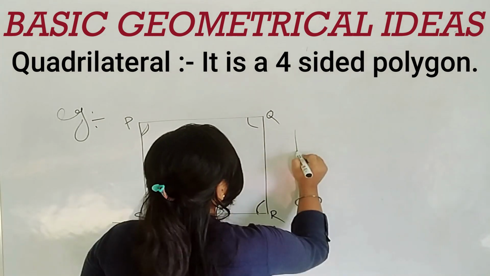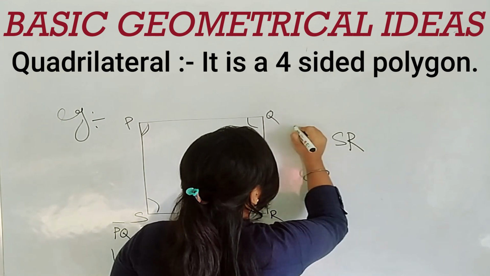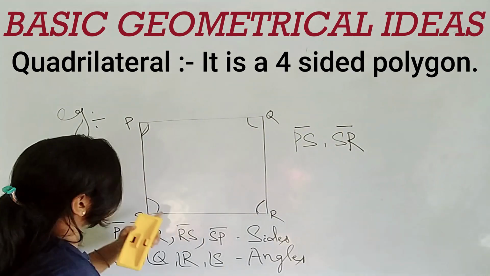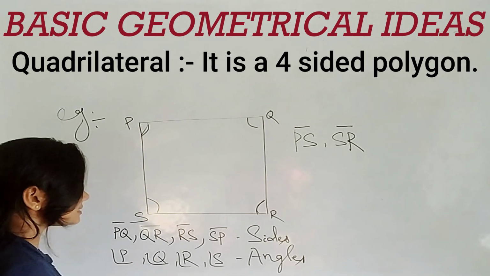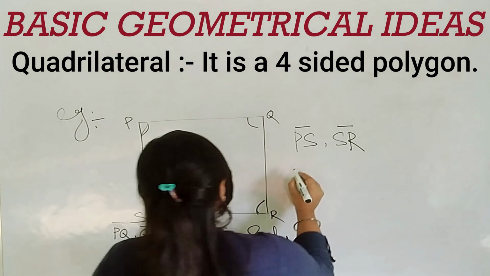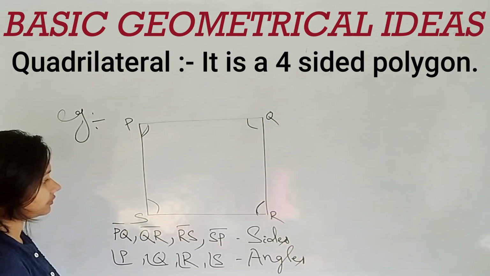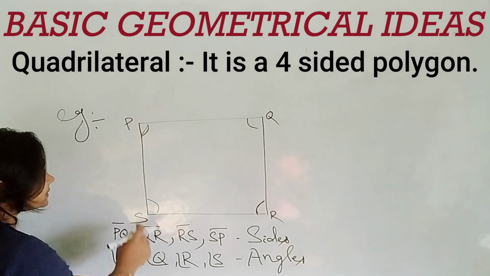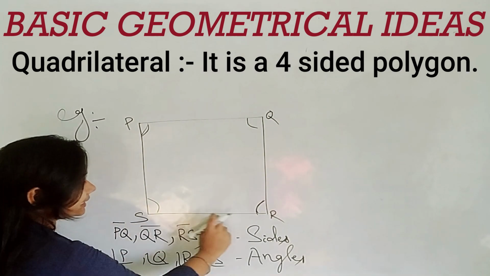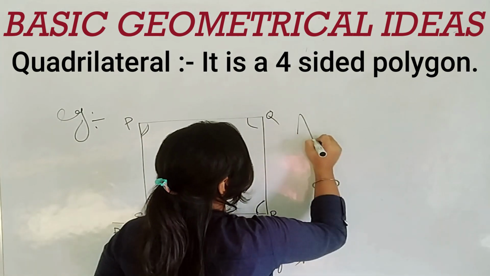Here PS and SR are two adjacent sides. Like this, SR and SQ are also adjacent sides, right? In this picture, PS and SR are our adjacent sides, right?